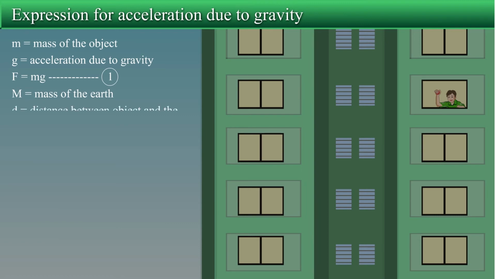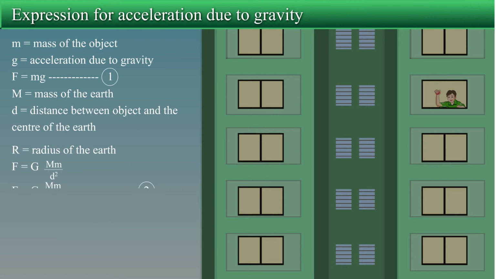Let capital M be the mass of the Earth. Let d be the distance between the object and the center of the Earth. Let r be the radius of the Earth. The gravitational force F can also be calculated by Newton's universal law of gravitation, which is equal to G into M and m divided by d square.